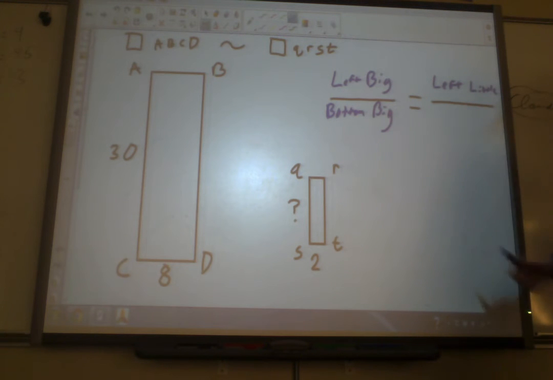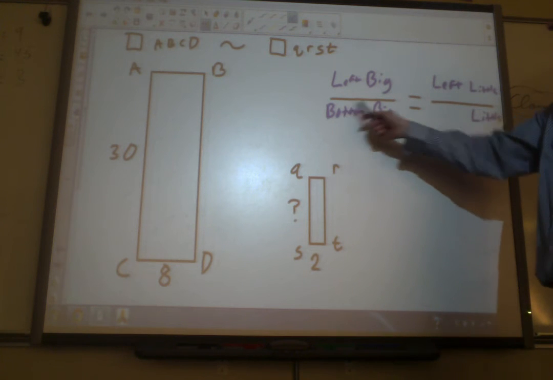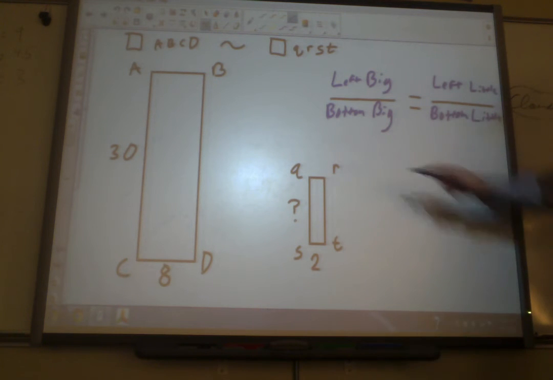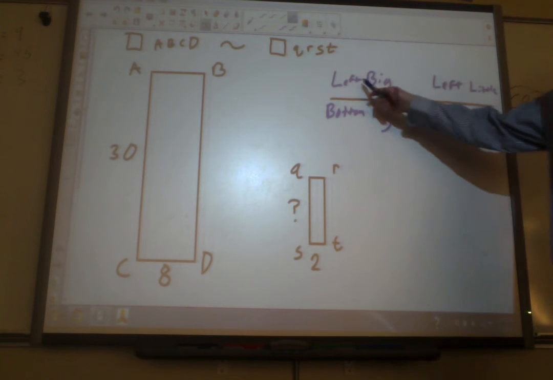Left matches left. Down here, again, we're talking about the little rectangle, so that matches little and little. But this has also got to match with the one that's across from it. Here we have the bottom side of the big shape, so this has got to be the bottom side of the little shape. So now you see everything matches in one way.